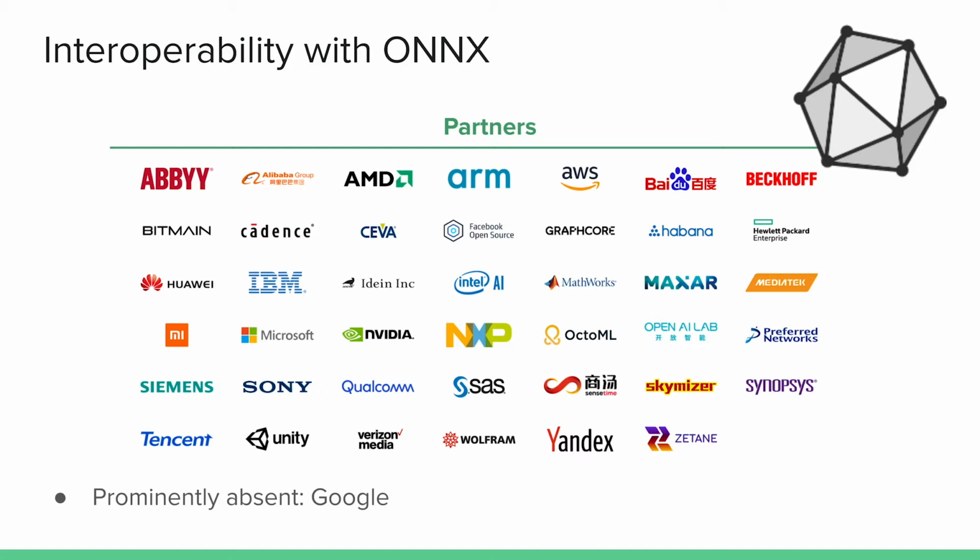So again, they opted out of this approach to make neural networks more exchangeable, which I think is very unfortunate, because lots of people are using TensorFlow and it would be beneficial in both directions to have people come to TensorFlow and people training with TensorFlow and then using it with other tools if they would join this effort. But let's see, maybe they will join it in the future.